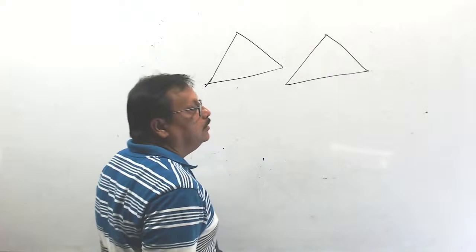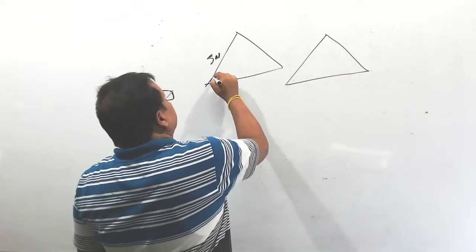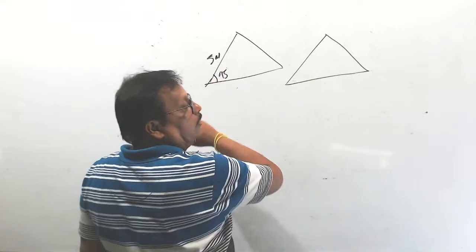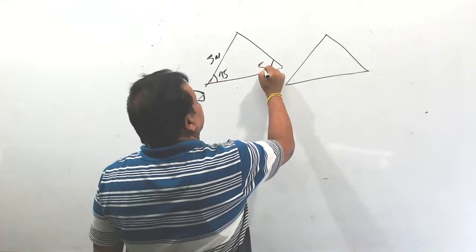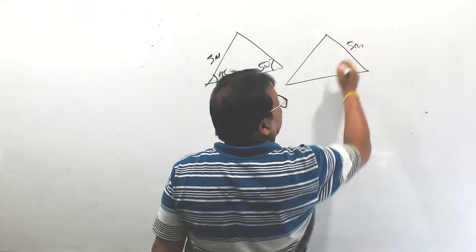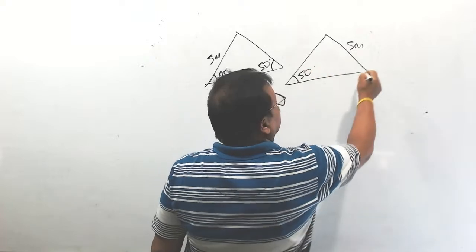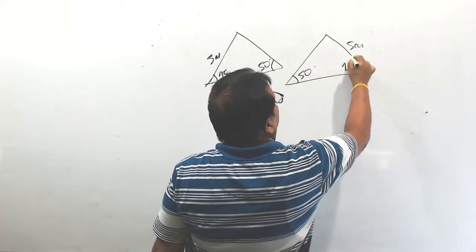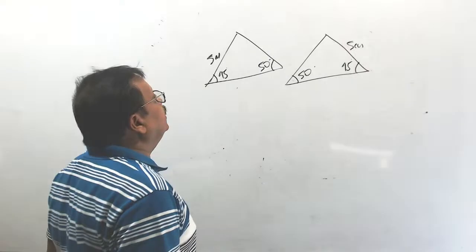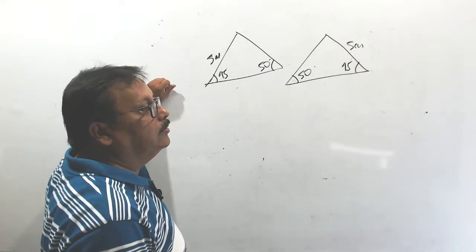Okay, 5 centimeter, 45, 50. Here is 5 centimeter. Here is 50. Here is 45. Okay. Number 4.